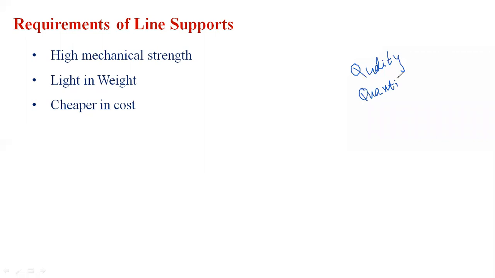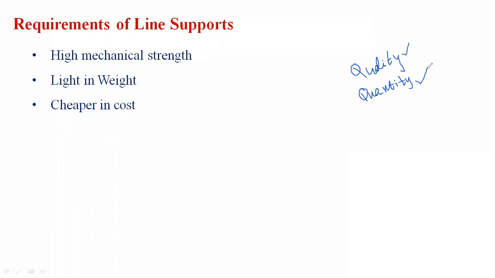Quality means we need to supply the consumer an uninterrupted power supply without load fluctuation. Quantity means we need to supply at a reasonable price, that is, the per unit cost. If the supporting structure cost is increased, that burden is passed to the consumer. We need to consider all the parameters to satisfy the consumer with quality and quantitative power.